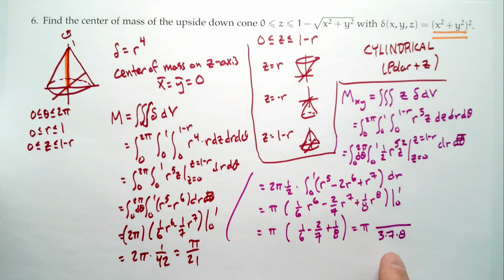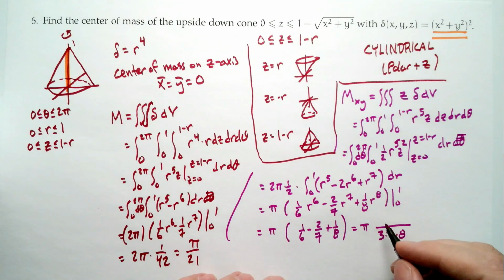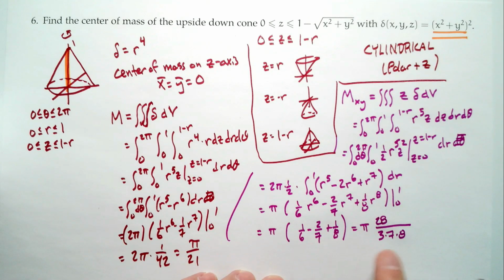Well, I need 7 and 4 more, so that needs 28. Here, 7, I need 24 more, so I need to subtract 2 times 24, which is 48. And the 8, well, I need 3 and 7, so I need 21. 21 plus 28 is 49. Subtract 48 leaves us with 1 over 3 times 7 times 8.